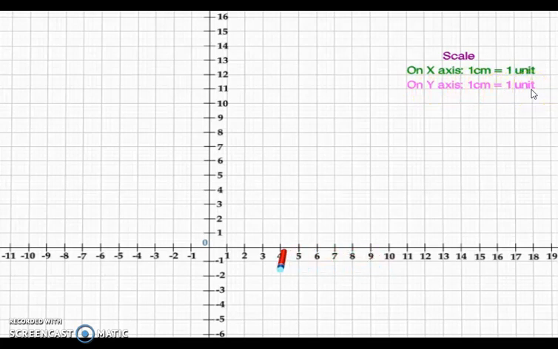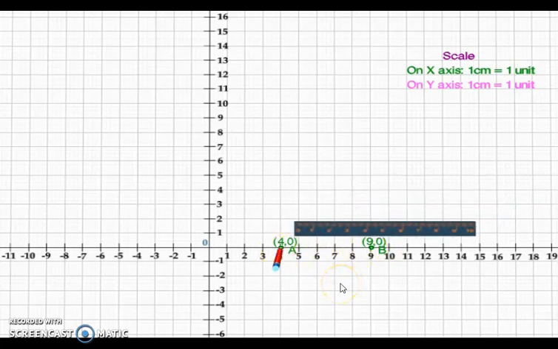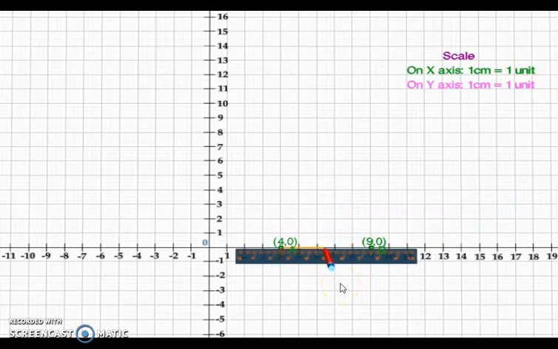Let us mark 2 points, point A and point B. Let us write the ordered pairs. A is (4, 0) and B is (9, 0). Now let us find the distance between these 2 points. Let us just draw a line segment.